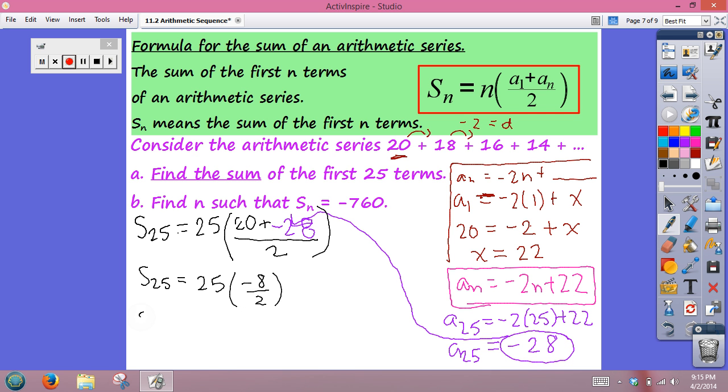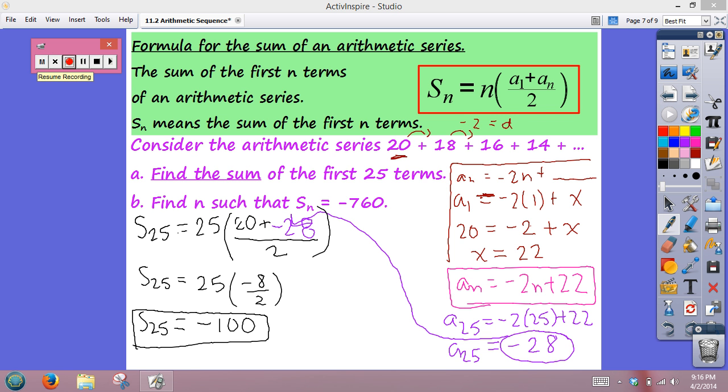So we get S of 25 equals negative 100. So it asked us to find the sum of the first 25 terms using the equation. That's just what we did. The sum of the first 25 terms is negative 100.